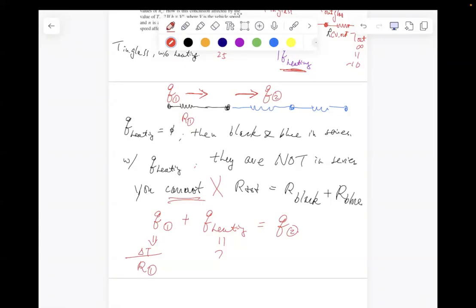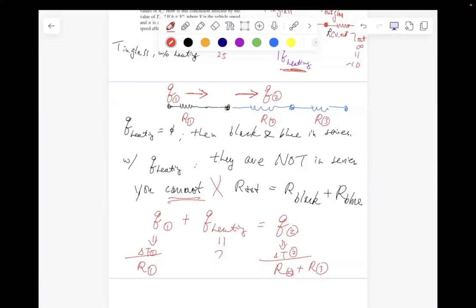And then Q2 is delta T over R2. However, R2 is the summation of the two blue resistances, 2 and 3. In addition, I just want to point out that although I say delta T in the numerator, the delta T for the first section is the first section's delta T, and the delta T on the second section is the delta T on the second section.